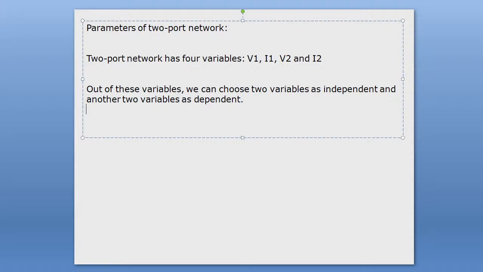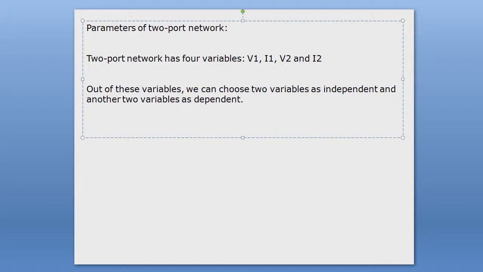And we can write the different input-output equations by using the dependent and independent variables. I mean, we can write the equation of dependent variables in terms of independent variables.